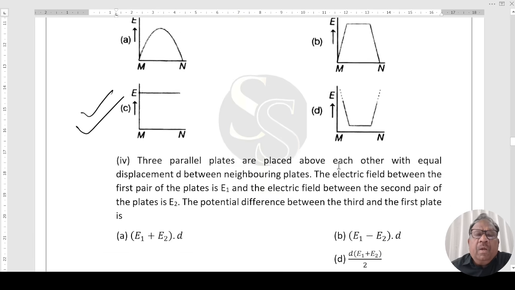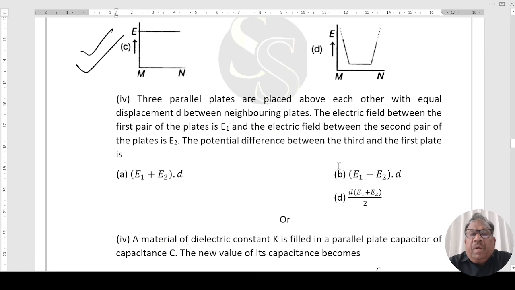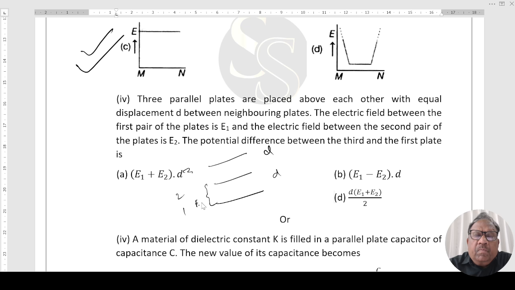Right? Next. Three plates, 1, 2, 3, are placed above each other with equal distance D between them. The electric field between the first pair of plates is E1, and between the second pair is E2.